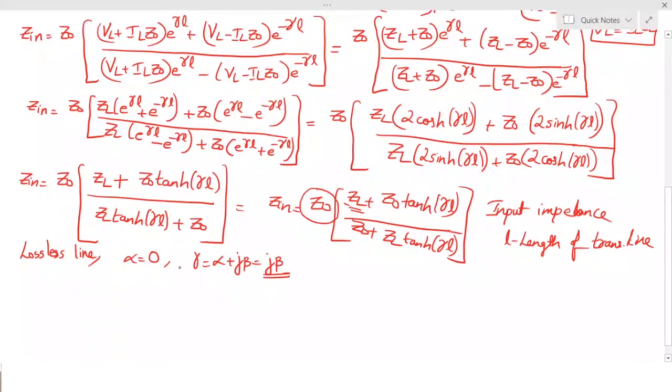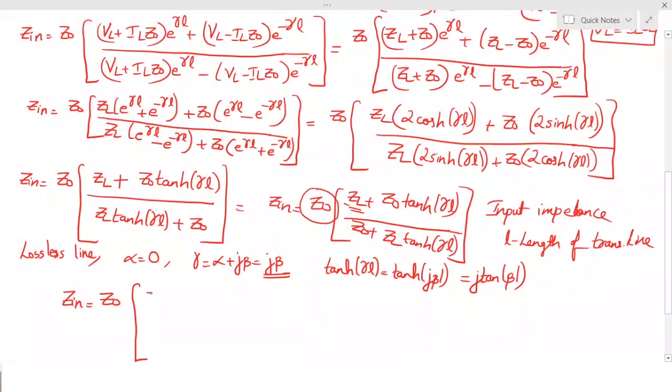So instead of tanh gamma L, you can substitute tanh j beta L, which is equivalent to j tan beta L. So in case of a lossless line, Zin is equal to Z0 into (ZL plus j Z0 tan beta L) divided by (Z0 plus j ZL tan beta L).